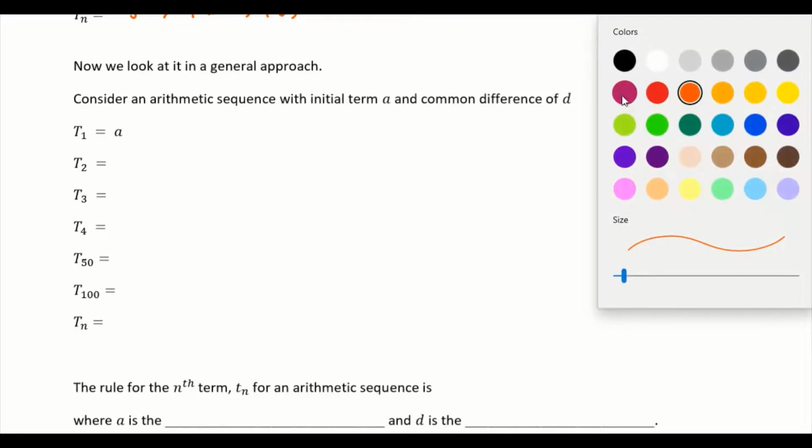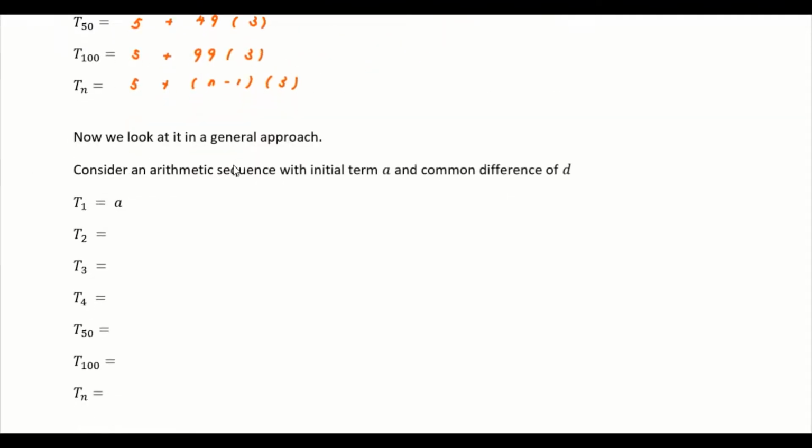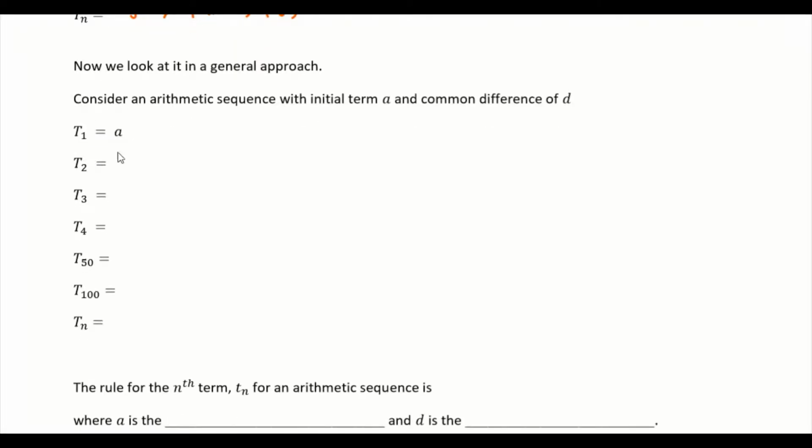Okay, so now let's try to look at it in a much more general approach. We are now not talking about the initial term 5 and the common difference 3, but we are looking at it as a general approach. If I start with an initial term a, how do I get the second term? I use a plus d, which gives me a plus 1 times of d.